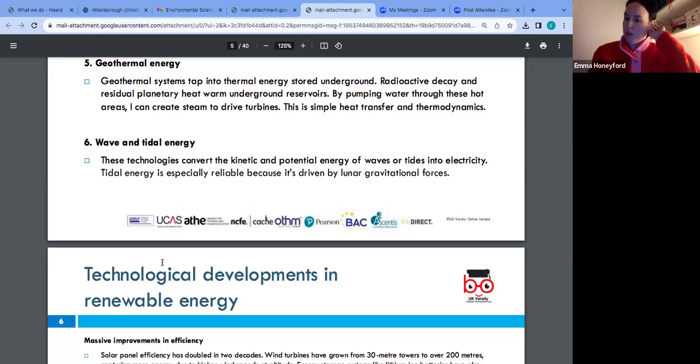I think it is worth mentioning as well that, particularly in the UK at the moment, renewable energy supplied a larger share than any other source of energy. I think it's around 50% at the moment, but I will check the figures for that.